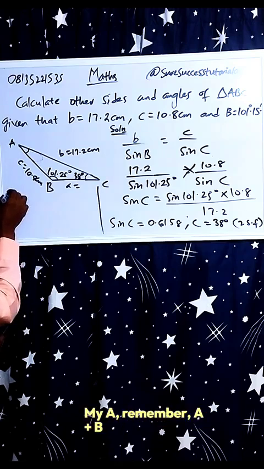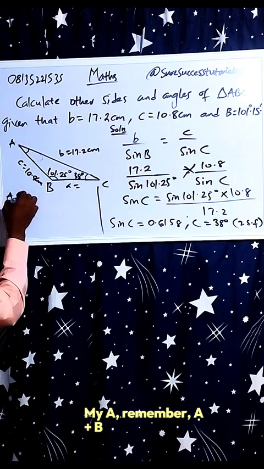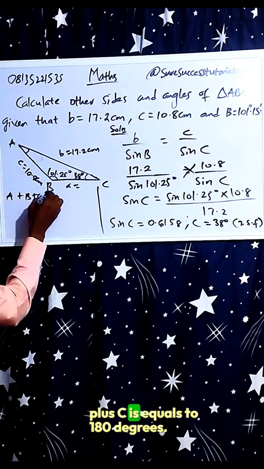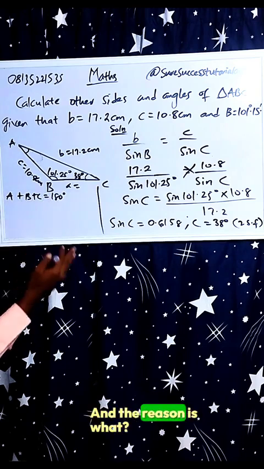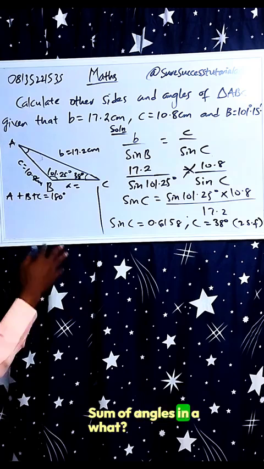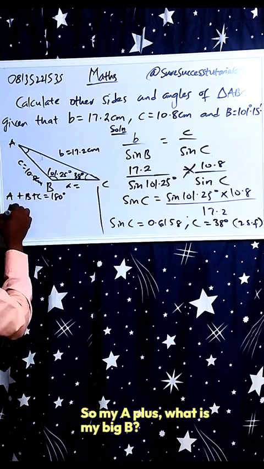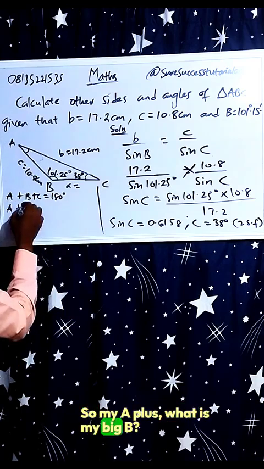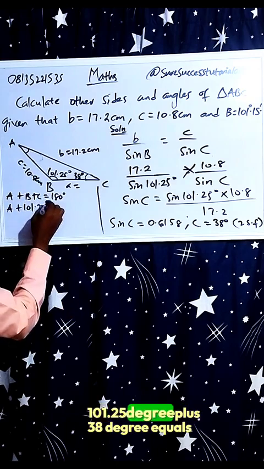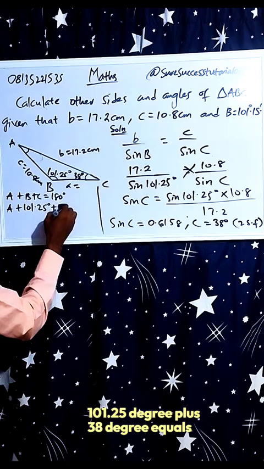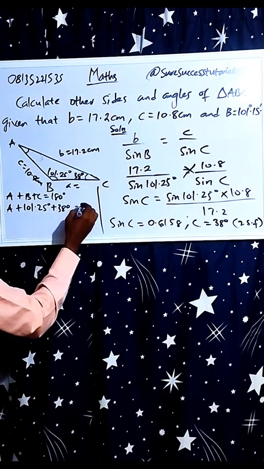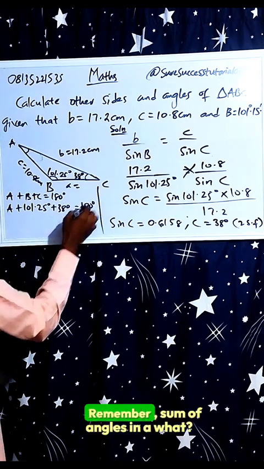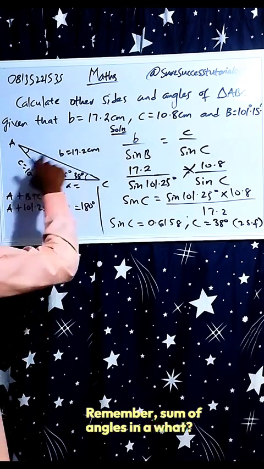My A, remember, A plus B plus C equals 180 degrees. The reason is the sum of angles in a triangle.